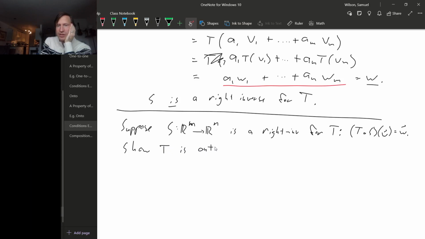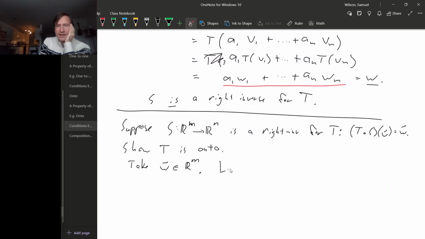We need to show that T hits everything in Rm. So let's take W in Rm. We need to find something in Rn that hits W.